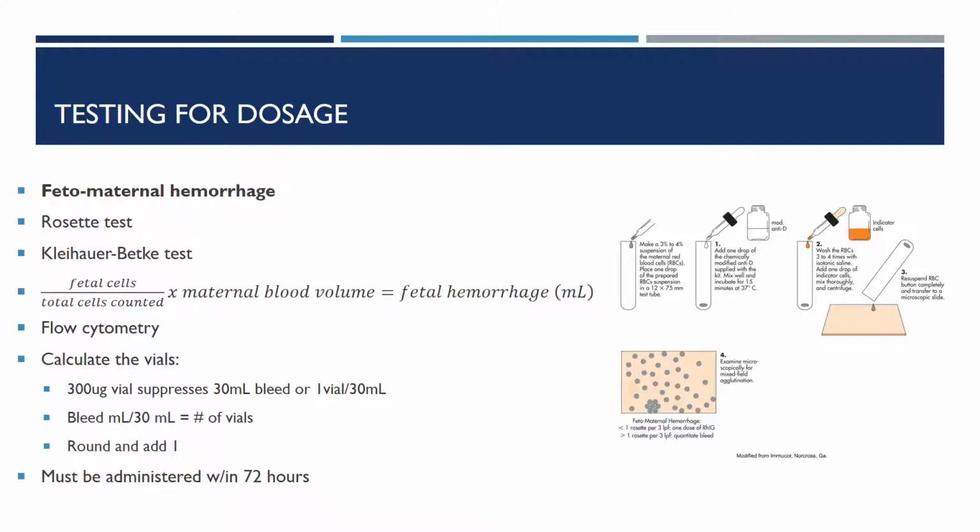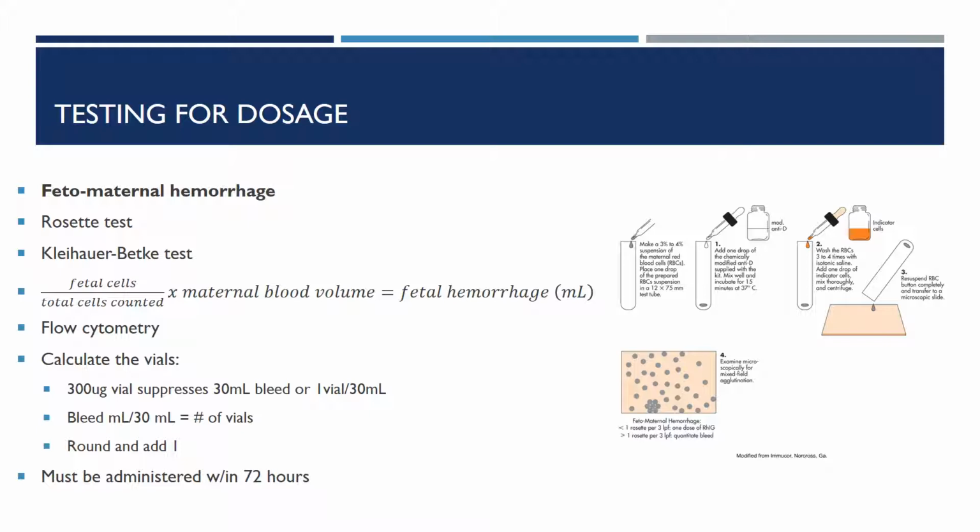And that'll give you the size of the fetal-maternal hemorrhage in milliliters that has occurred. Okay. So, for example, if you count 6 fetal cells per 2,000, and you know that the mom contains about 5 liters, which is 5,000 milliliters of blood, then you have a 15 milliliter fetal whole blood exchange across the placenta.